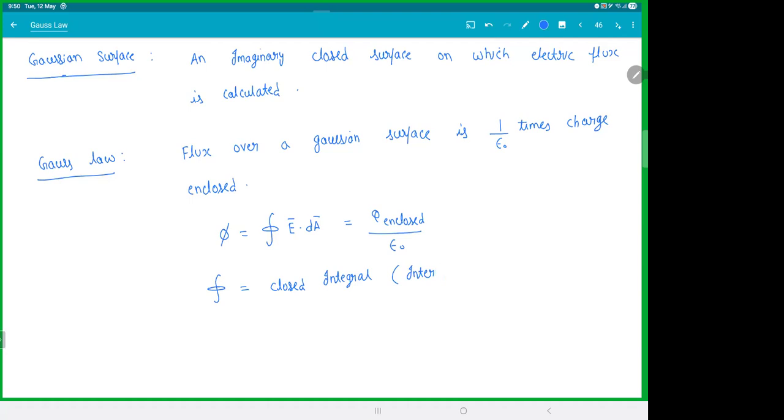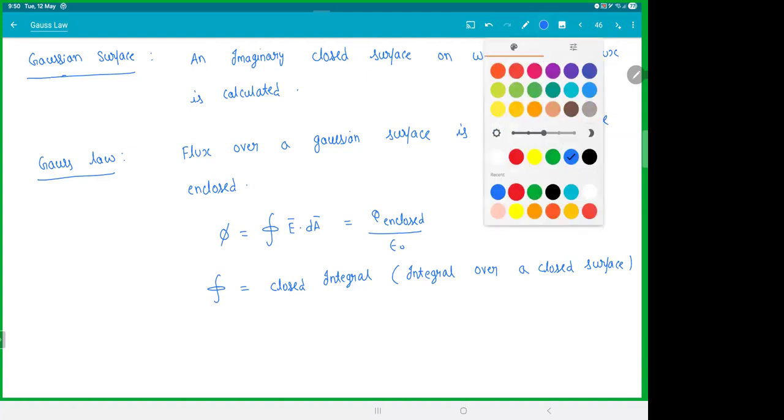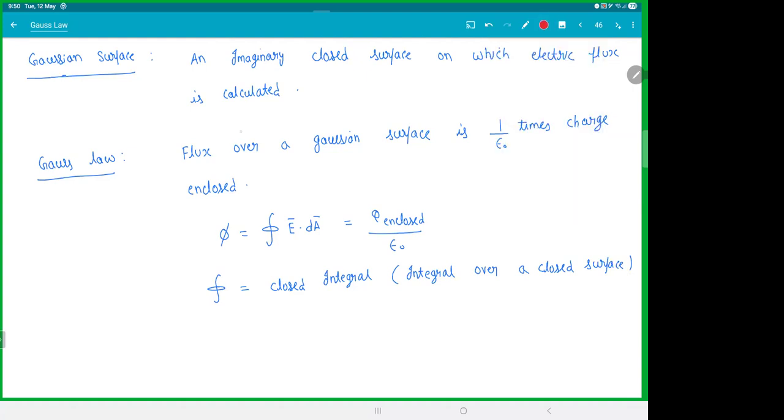So when you integrate flux for a disk, you don't put that circle there because it's not a closed surface. This is an integral over a closed surface. So technically this is your Gauss law, which we proved in the last class using Coulomb's law.